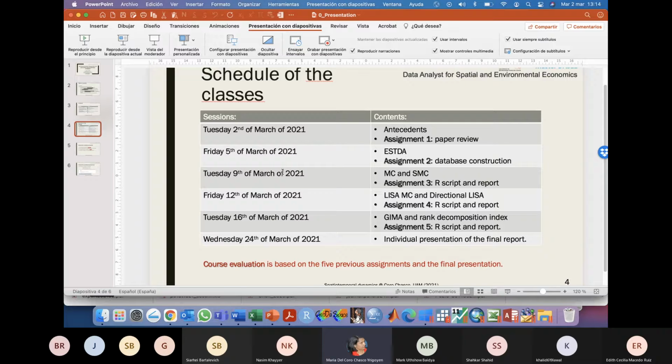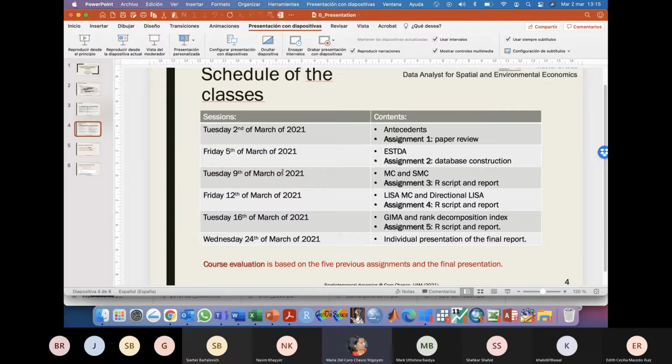In total, you will have to prepare 5 assignments, more or less, which will be part of a final report. You will be doing this final report along the sessions. And this final report is the one that you will present during the last session.